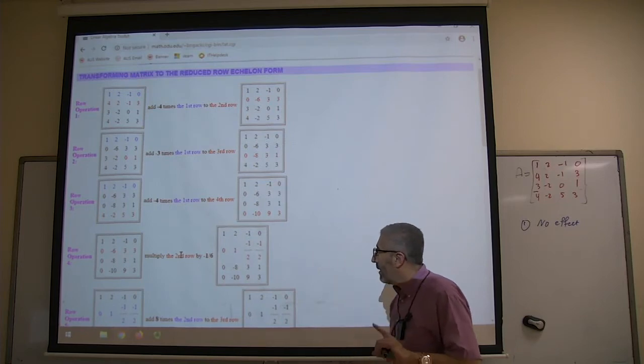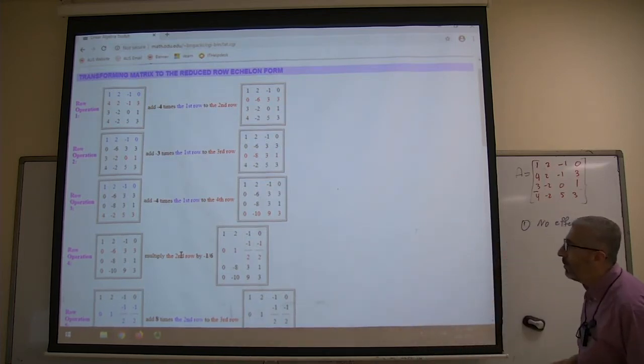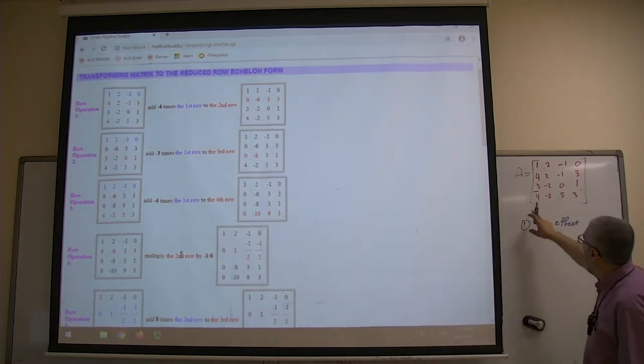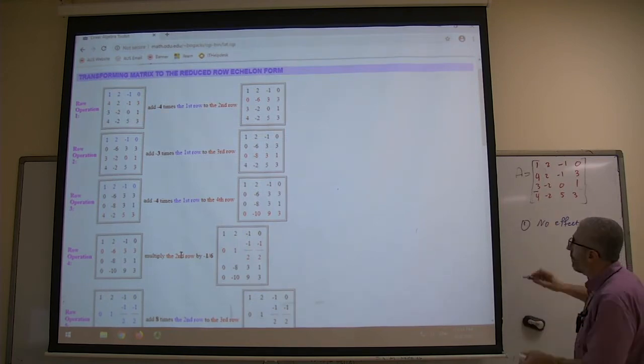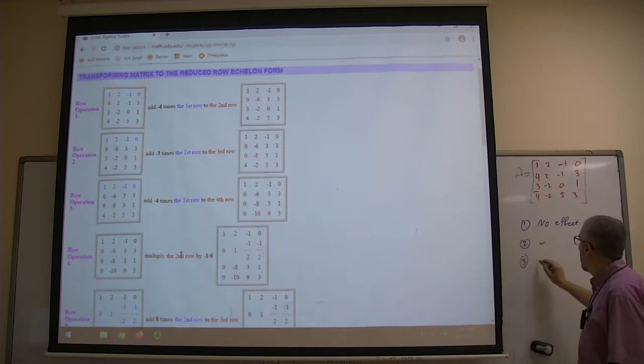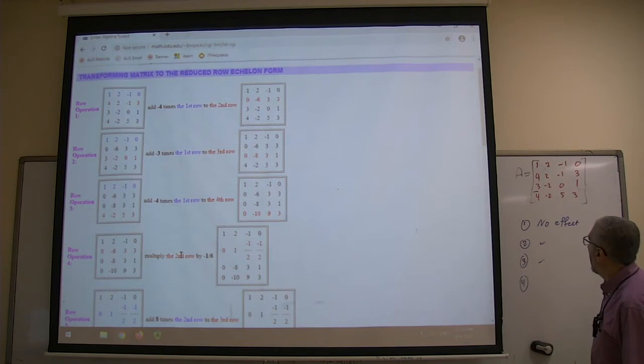Okay, so here we are not adding to another row. We're just multiplying one row by negative 1 over 6. So here is A. Now, step 2, no effect. Step 3, no effect. Step 4, multiply by negative 1 over 6. What does that mean?